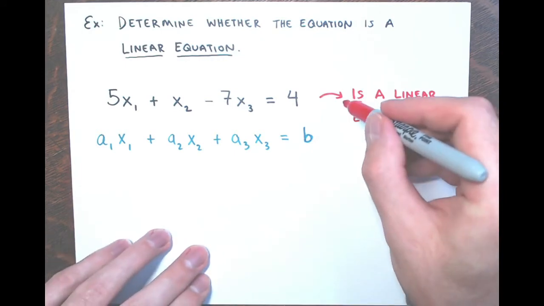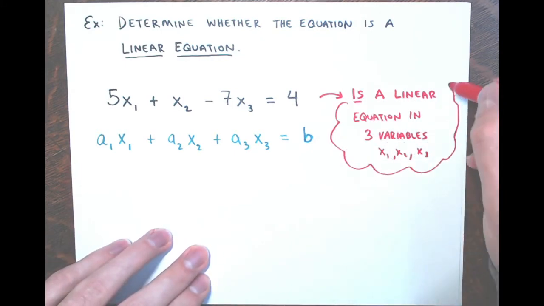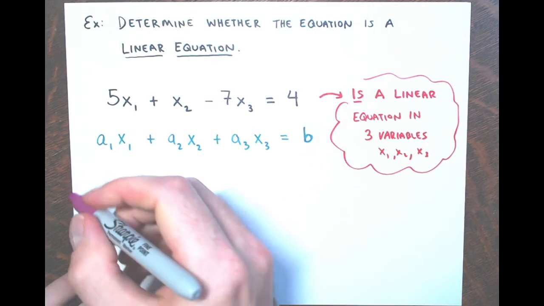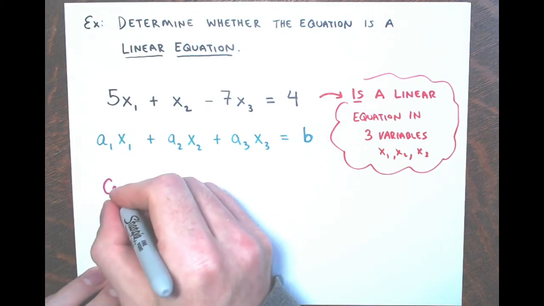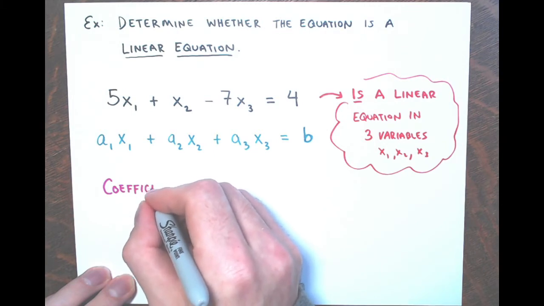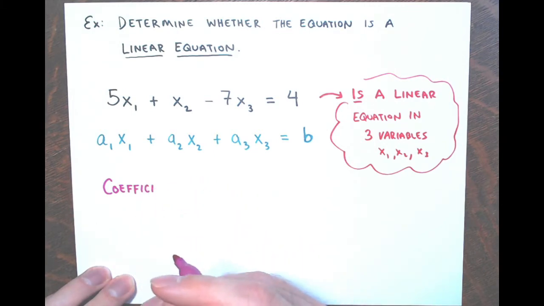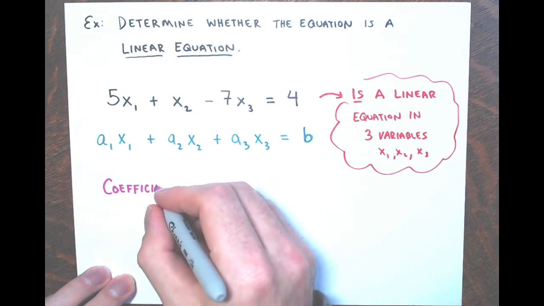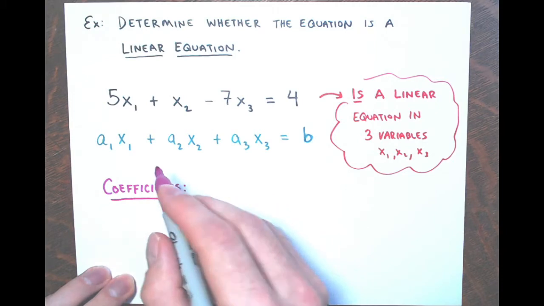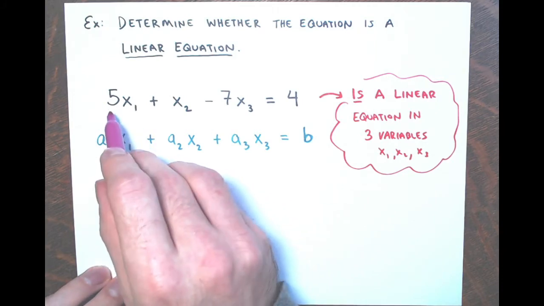Okay, wonderful. And the coefficients, I'll write those out as well, since we have a linear equation. The coefficients are just the numbers, the numerical parts of the terms with the variables. The coefficient of the x1 term is positive 5.